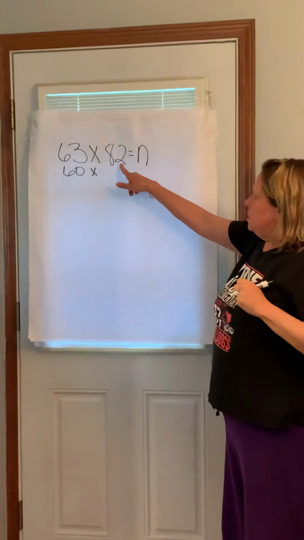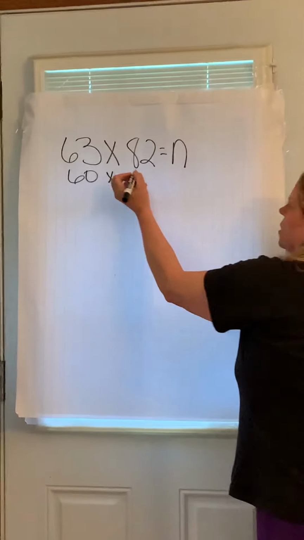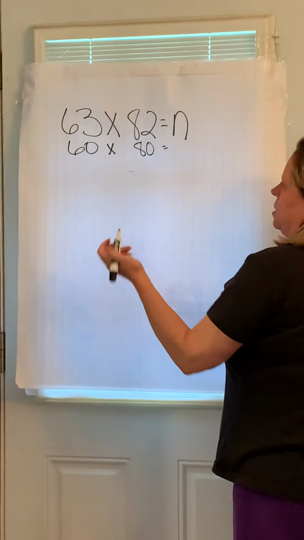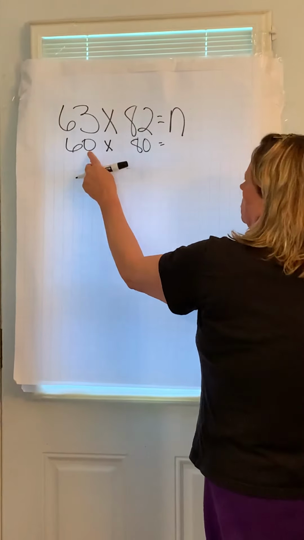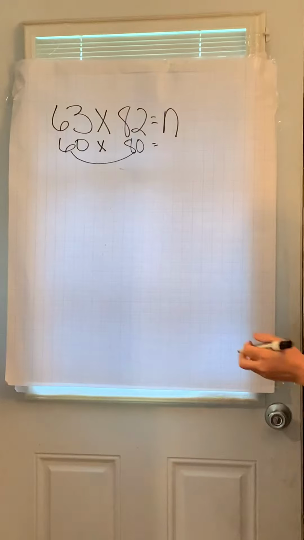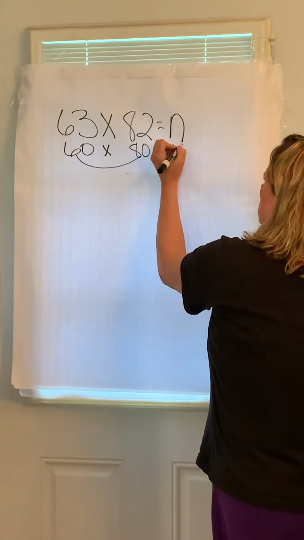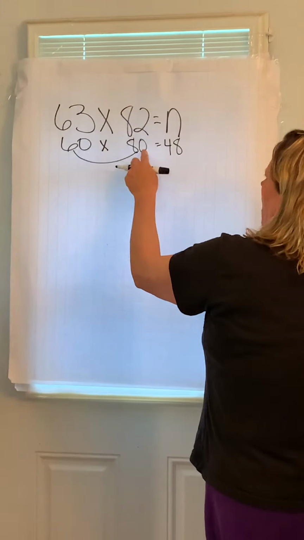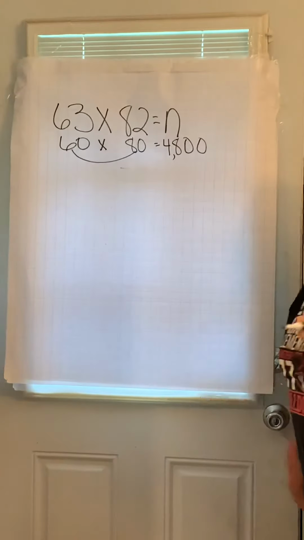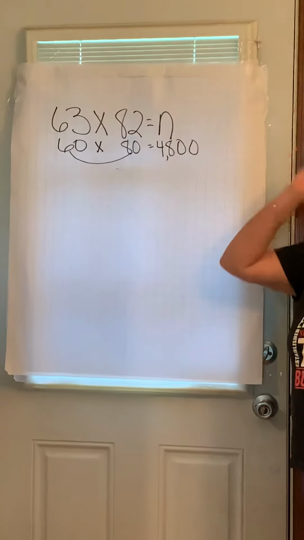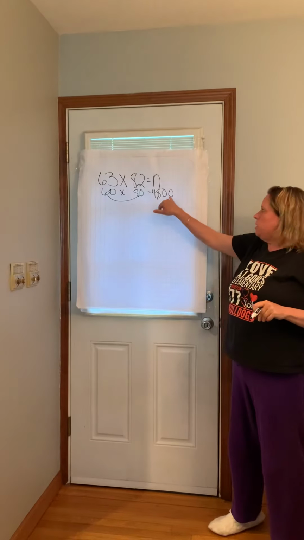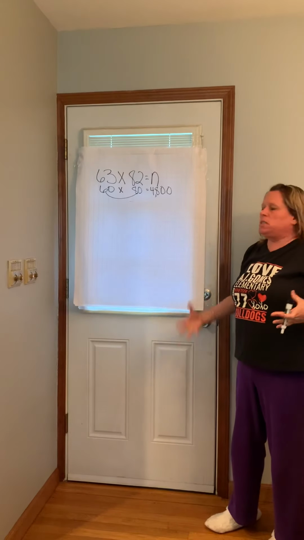We look at the second number, it's a 2, so we know it's closer to 80 than it is 90. So now we're going to multiply these. Remember, when we're multiplying by zeros, we just multiply the facts we know. 6 times 8 is 48. And then we place the 2 zeros. So we get 4,800. That's an estimate. Remember, it's not the exact answer. When we do have the exact answer, we compare it and ask, is our answer reasonable?